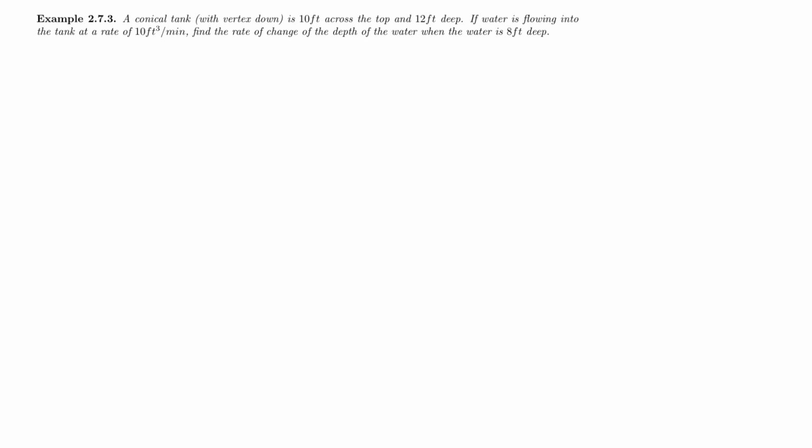So, like I said, reading these problems, there's a lot to take in at once, which is why drawing the picture to help yourself understand what's going on helps. So I start here and I say, a conical tank with vertex down. So vertex is the tip of the cone. So this is a tank that looks like this.